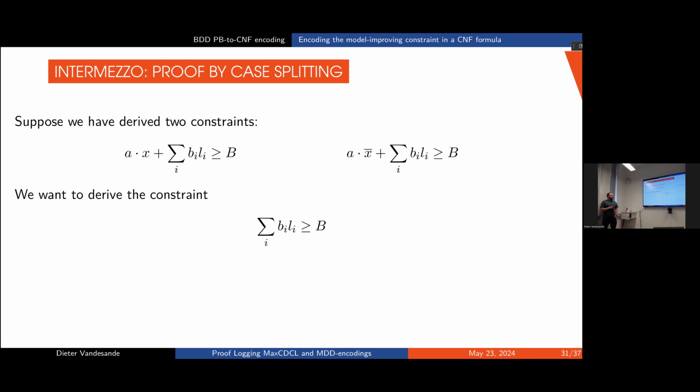And then proof by case splitting. So if we have a proof of X implies some constraint and not X implies some constraint, which is actually written there into the Boolean format somehow, well, then we want to derive that this constraint actually holds, right? And following the completeness of cutting planes, this needs to be possible, right?